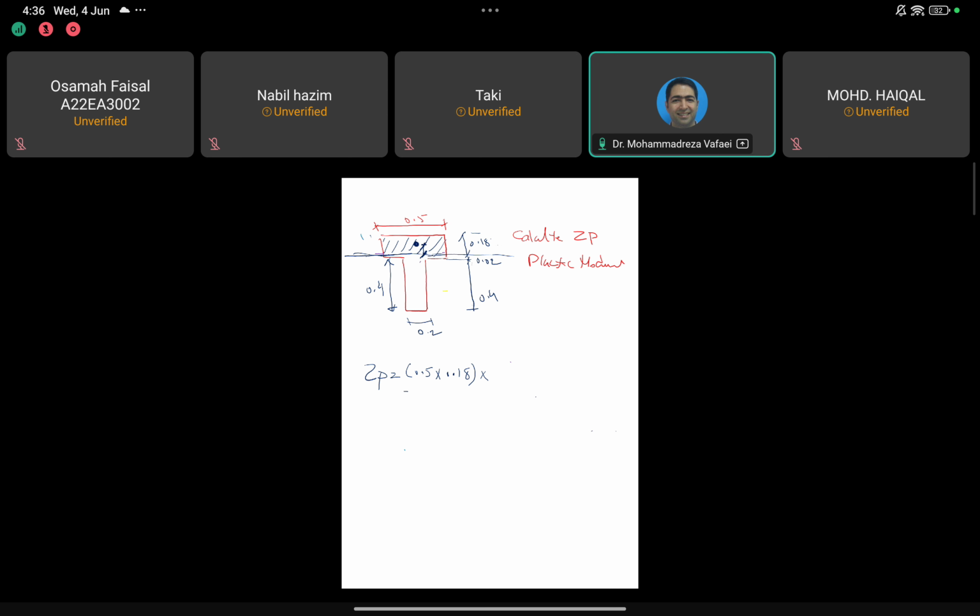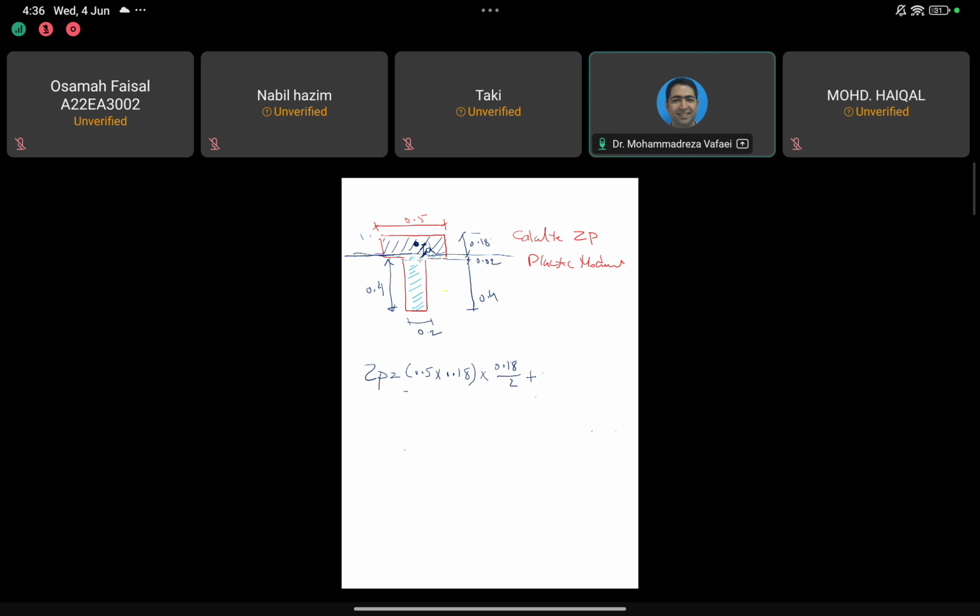And then multiplied by this distance, we call it D here. That D is nothing but 0.18 divided by 2, because it is the centroid. The height is 0.18 divided by 2, which gives the centroid. So that is for the area above. Area below, we have two areas, so I divided it into two. We have this area and this area. So for each one, you need to calculate separately.